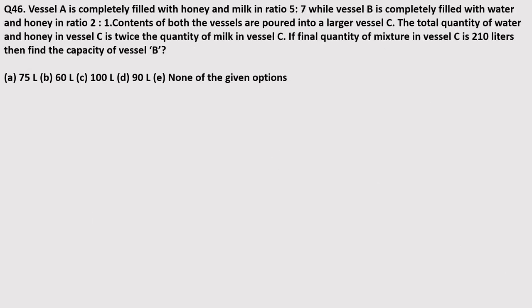Question number 46. Vessel A is completely filled with honey and milk in the ratio 5:7. Okay, in vessel A there is only honey and milk. Vessel B is completely filled with water and honey in the ratio 2:1. In vessel B there is no milk, only water and honey.